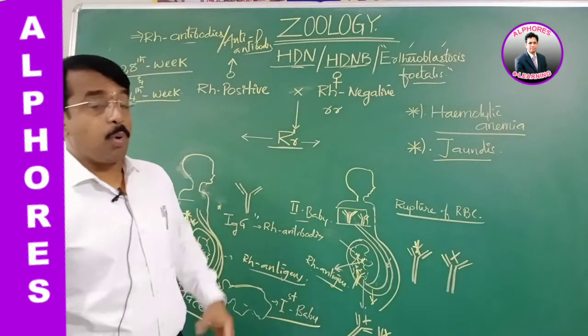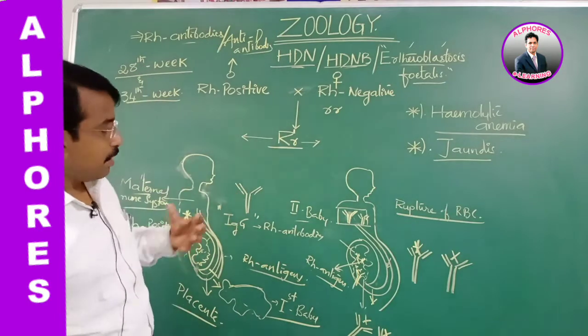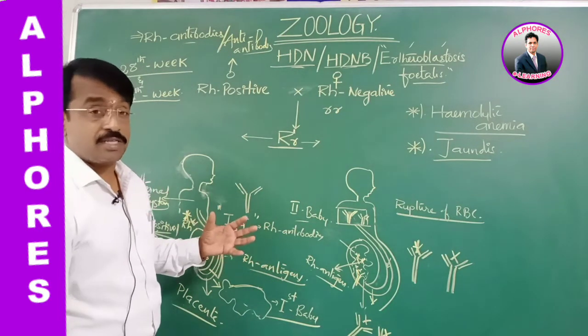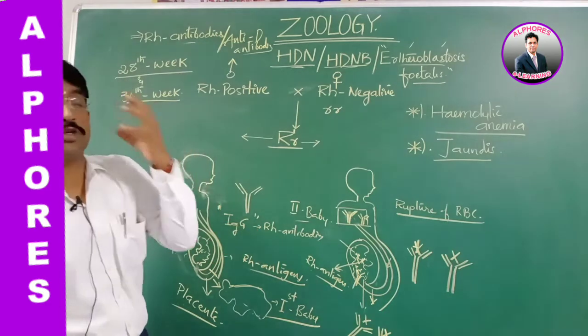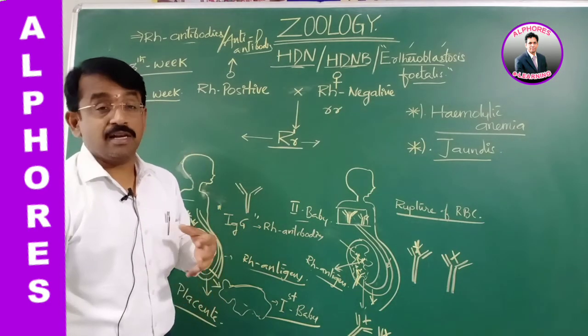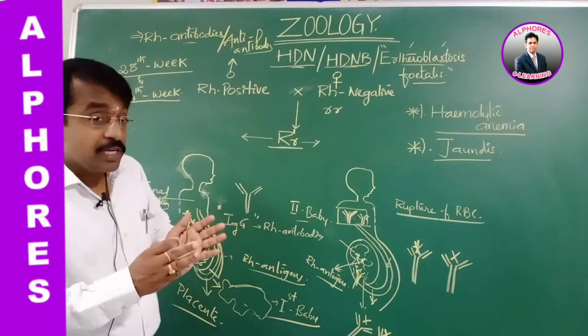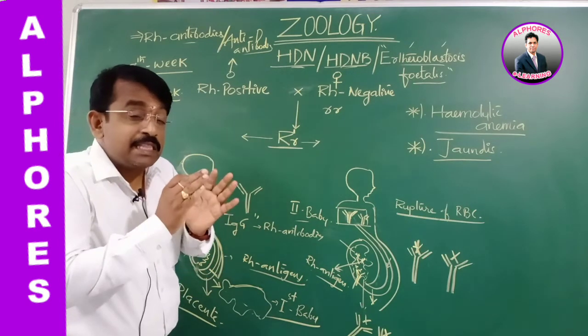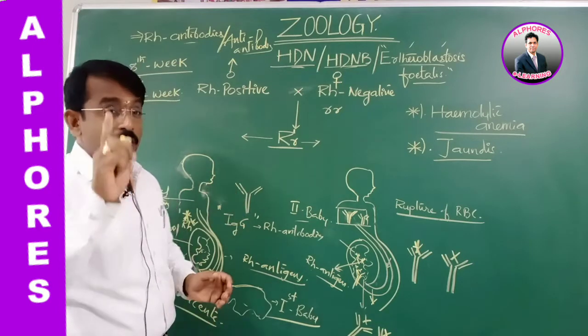Or else, as soon as the childbirth occurs, Rh antibodies are to be given to the mother. The idea here is preventing the mother from sensitization.